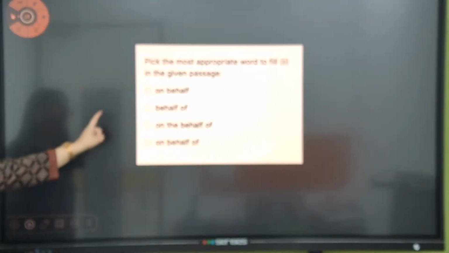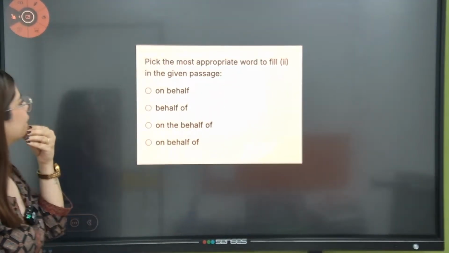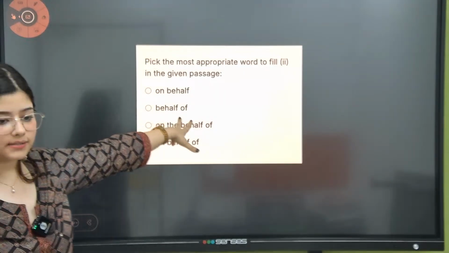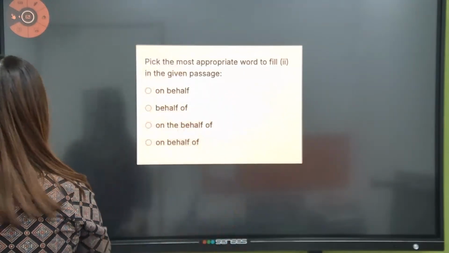Good. Next, pick the most appropriate word to fill two in the given passage. To fill two, let's have a look at two.